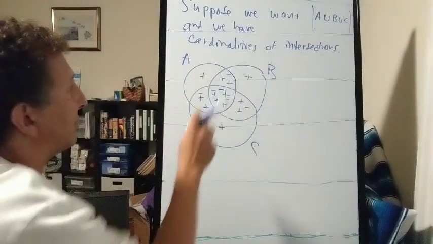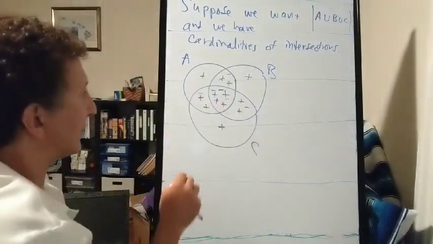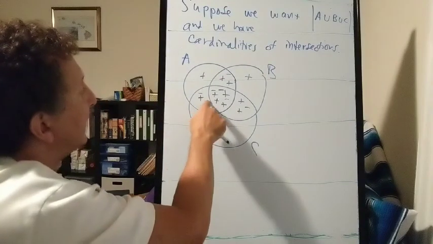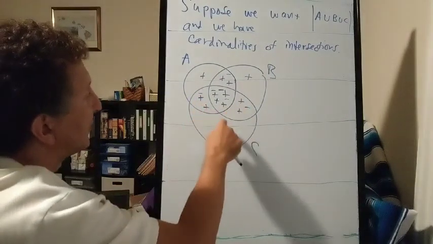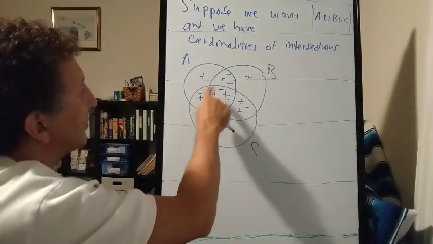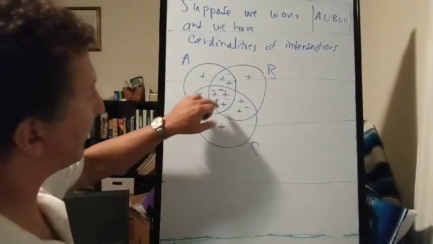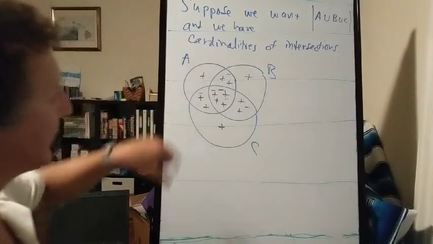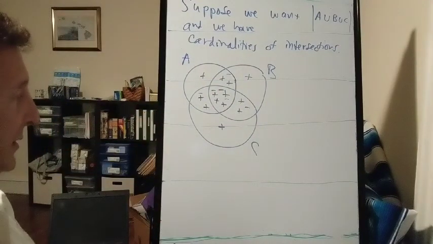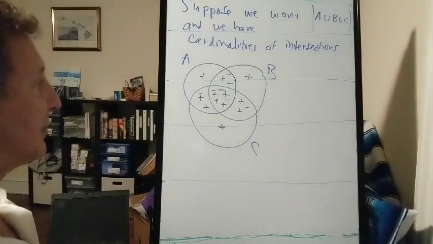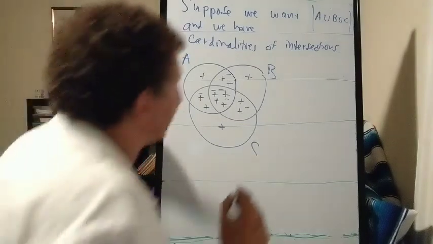In this section, we've counted everything once because we counted it twice and subtracted once. In this section, we've counted everything once, once, once. And in here, we've got 4 plus signs and 3 minus signs, so we've counted everything there once, too. So we've counted everything exactly once in the set that we want, A union B union C.